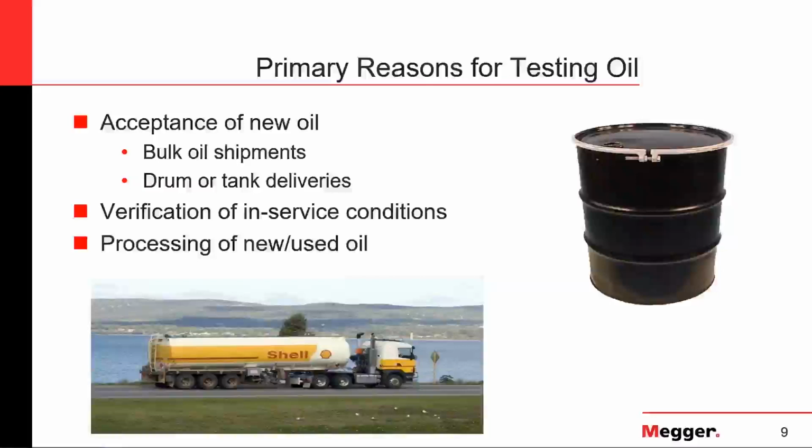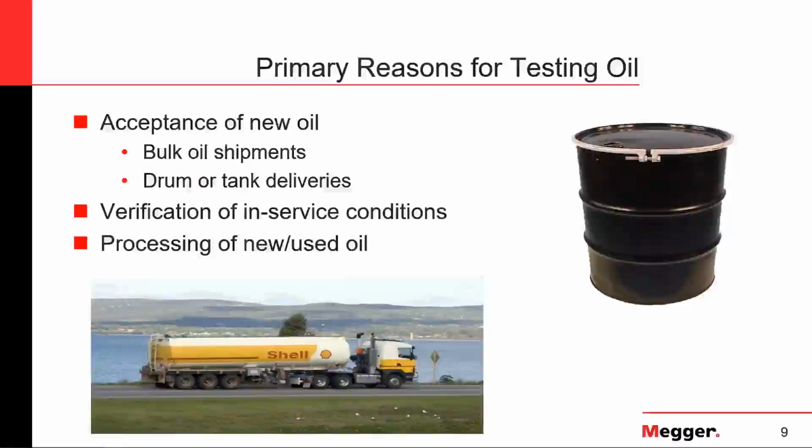Now, during the life of an electrical equipment, I will say we can highlight three very important moments on which we are going to test the oil. First of all, for acceptance testing, right?